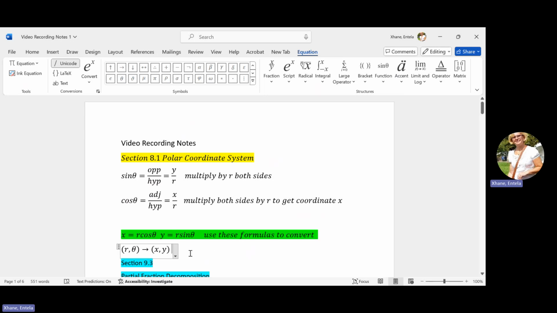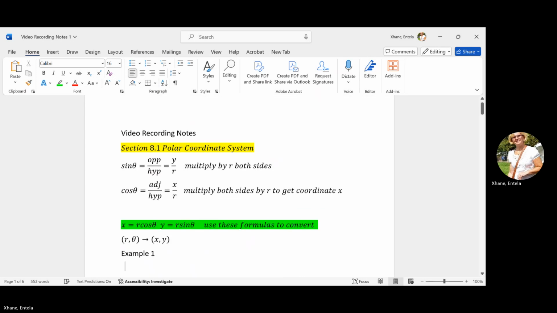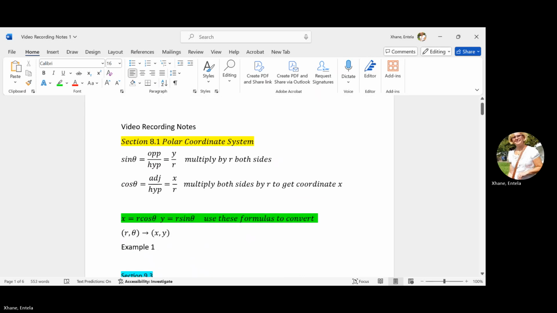So how is this going to work? Let's look at our first example. Convert the given ordered pair in polar coordinate system to rectangular.